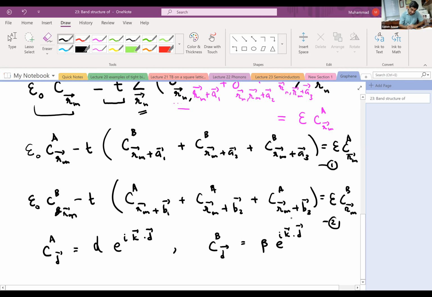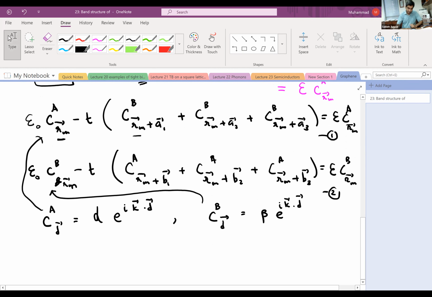Now, if I insert these C_d,A and C_d,B in here, I will get a sequence of equations. So Rm appears on both sides of the equation. So it just gives a common exponential factor on the left hand and the right hand side, and it just cancels away.